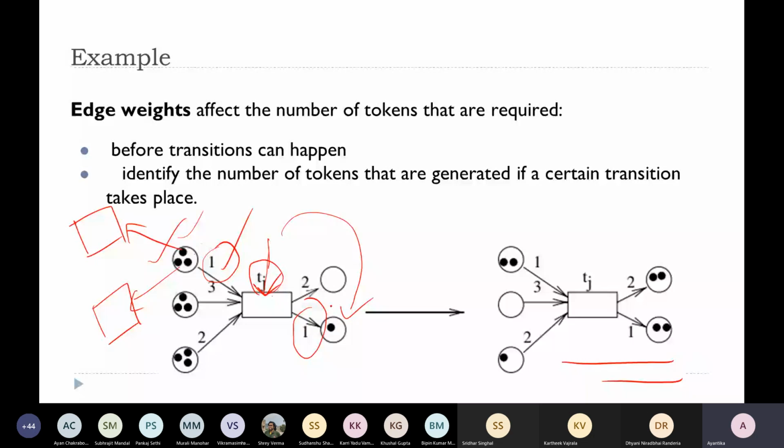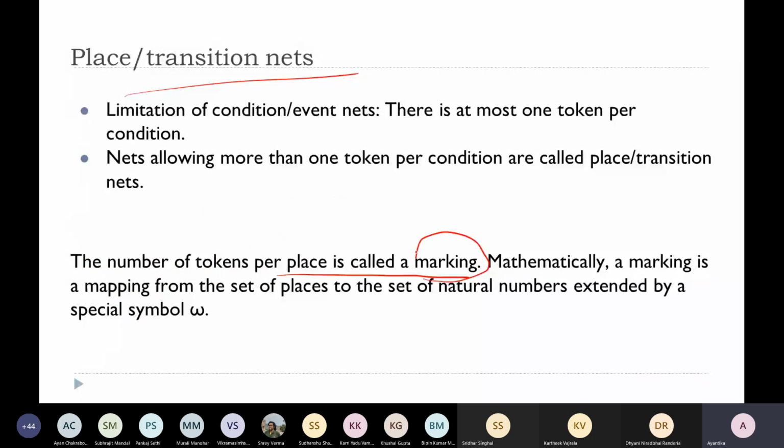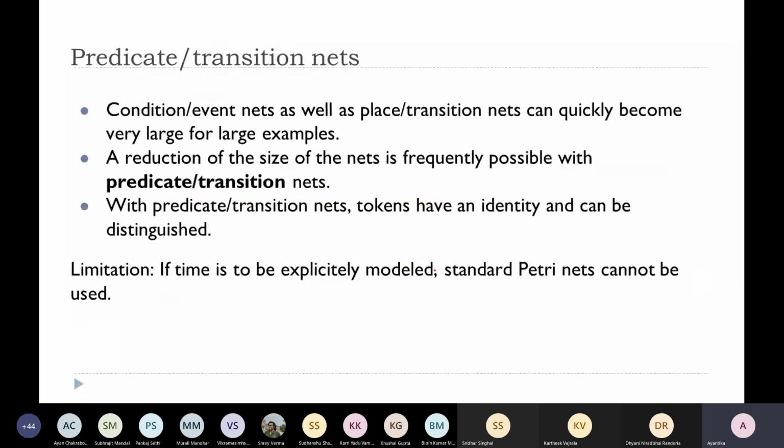So this is the concept of place transition nets, where you associate some edge weight, and there are two properties, and marking. Marking means how many tokens are possible in that particular place. So these are the typical types of Petri nets.